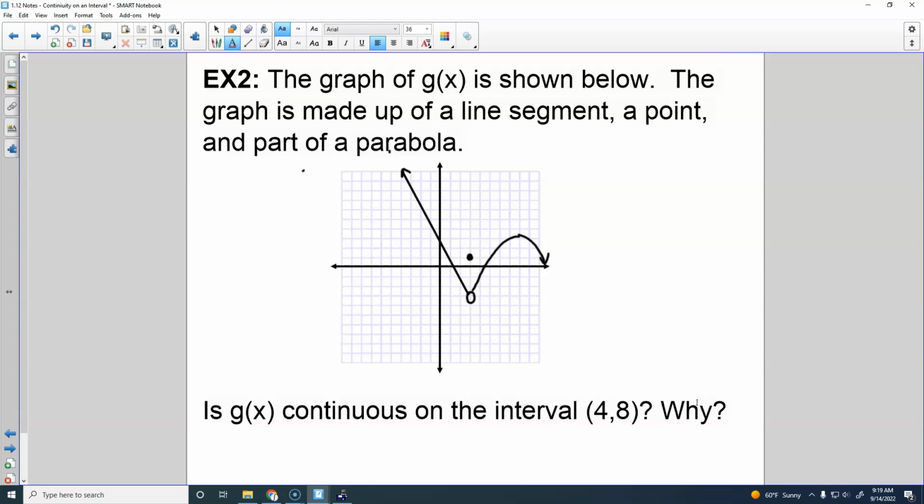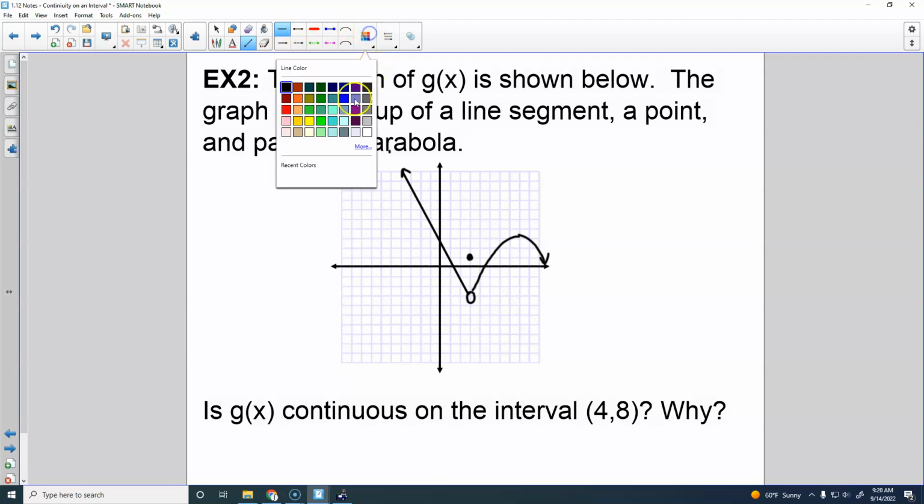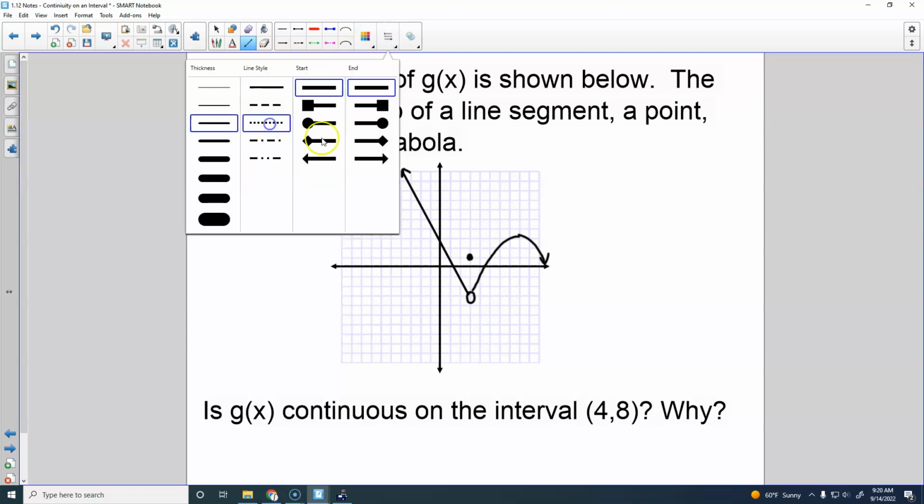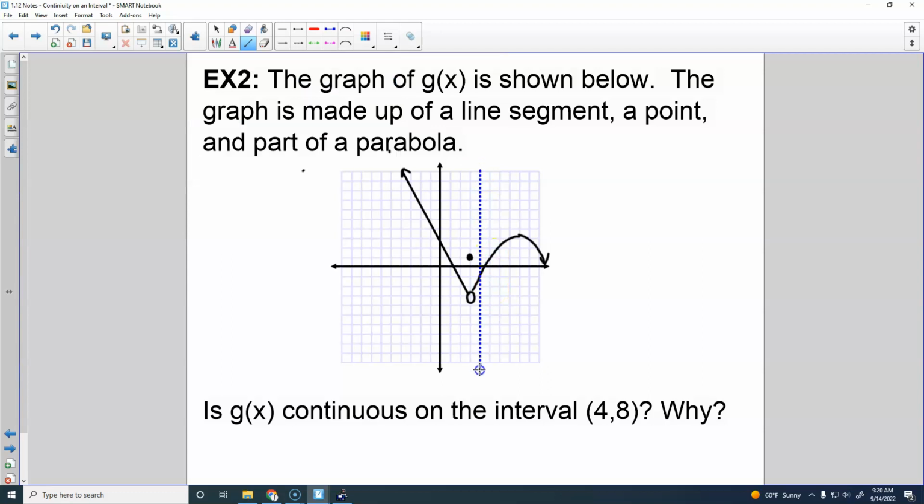Okay, so if we're thinking about the interval from 4 to 8, I'm going to put some dotted lines here. 4 falls right here. 8 is right here. On that interval, is this function continuous? Yes, because it is just a parabola, right?